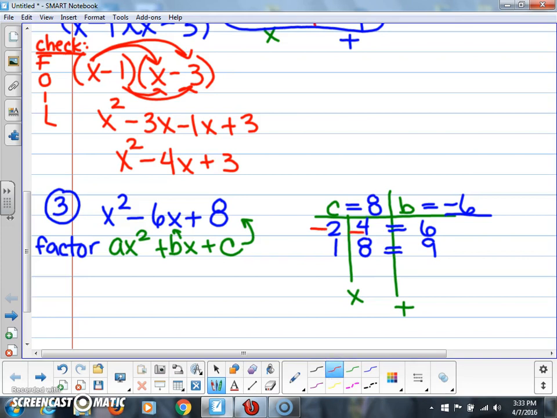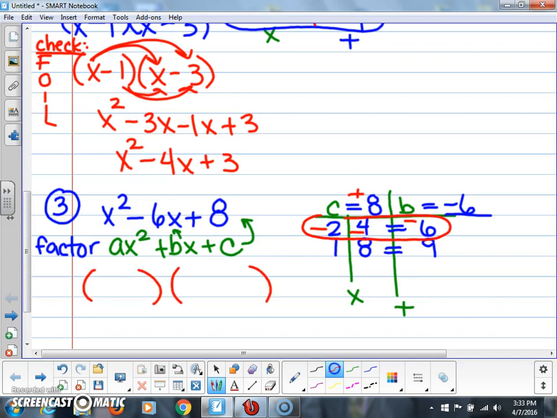If I multiply negative 2 times a negative 4, what do you get? A negative times a negative is a positive 8, which is what we have there. Okay? But if I add negative 2 plus a negative 4, what do you get? A negative 6. So my factors are actually a negative 2 and a negative 4.